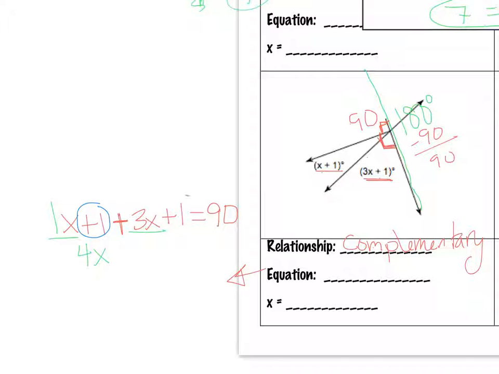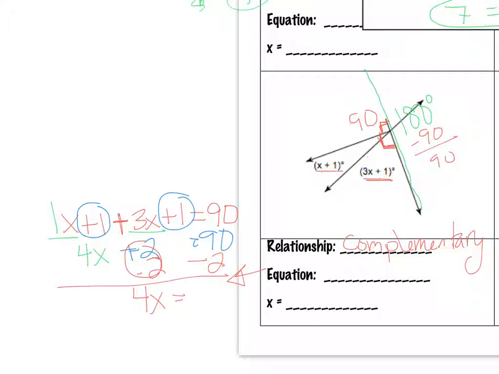A positive 1 and a positive 1 is plus 2 equals 90. Clues and undos tells us to subtract first. 4x equals 90 minus 2 is 88, and that should divide easily by 4.